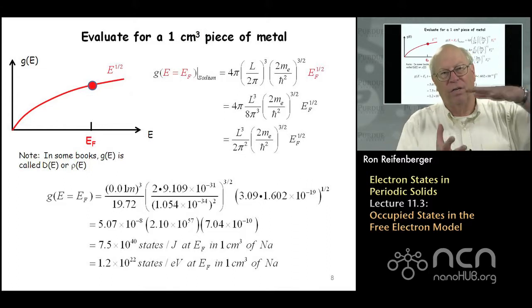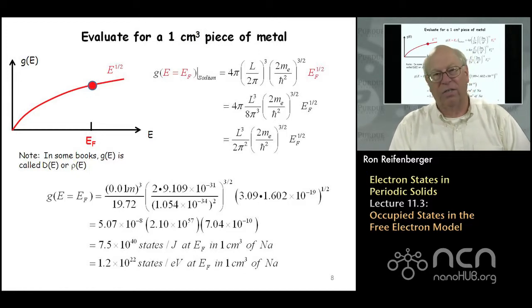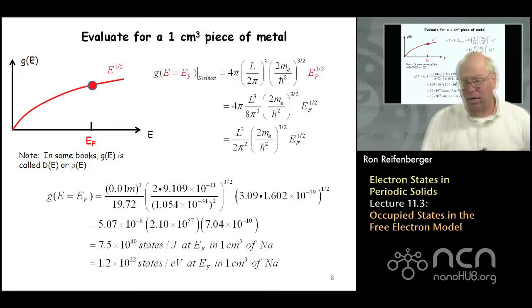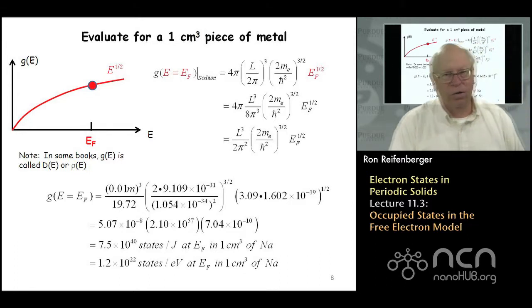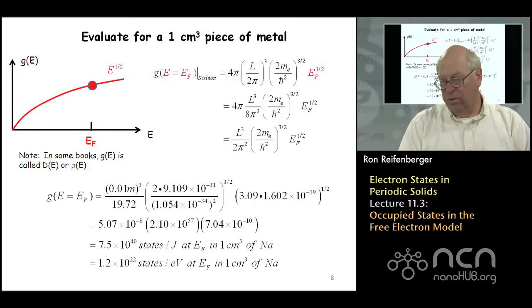But of course, the joule as a unit of energy is extraordinarily large. It's not appropriate for discussion of electron states. It's often more convenient to convert joules into electron volts. And when you do that conversion, you find there's something on the order of 10 to the 22 states per cubic centimeter at the Fermi energy for electrons to exist in sodium.